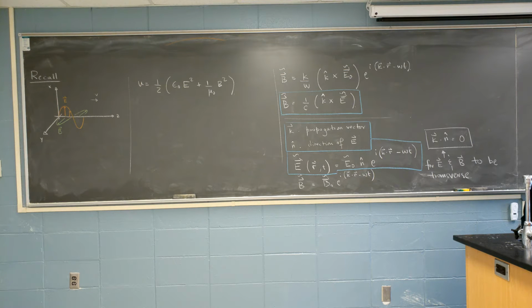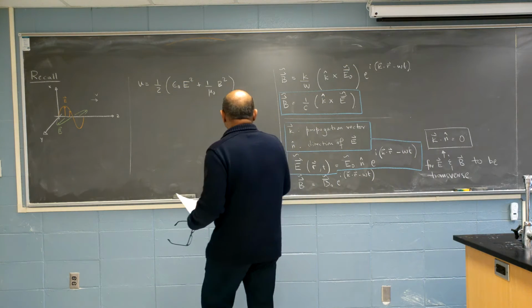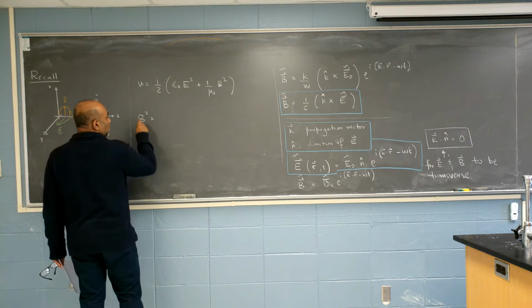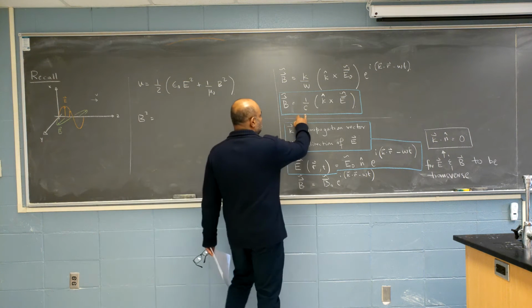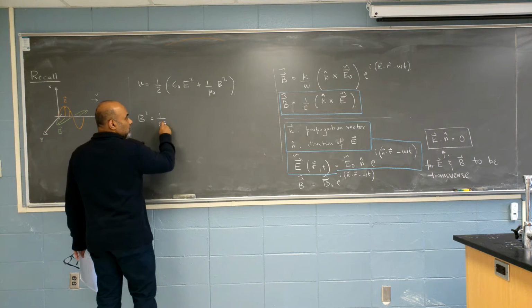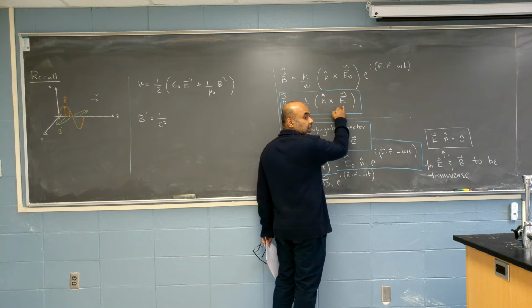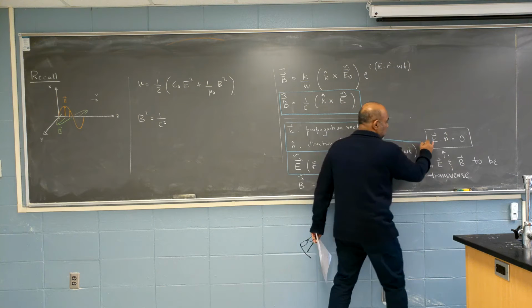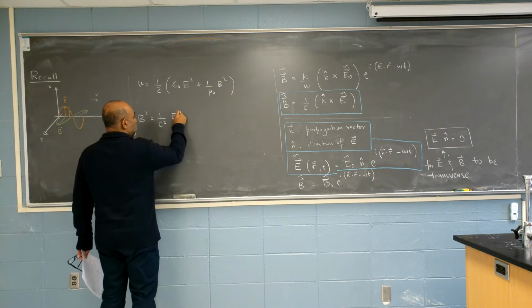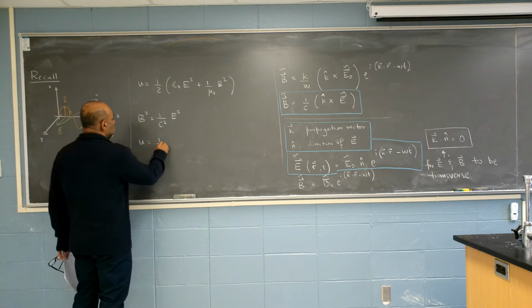Density, not total. See, but I look over here, and then I look at this. This is 1 over c squared. And the magnitude of this is still E, because k is perpendicular to E. How do you know k is perpendicular to E? Because of this condition. So this is just E squared. So u takes on a simpler form.